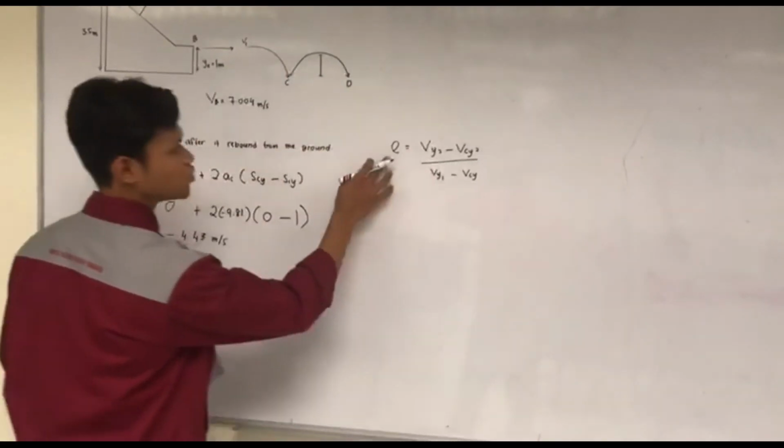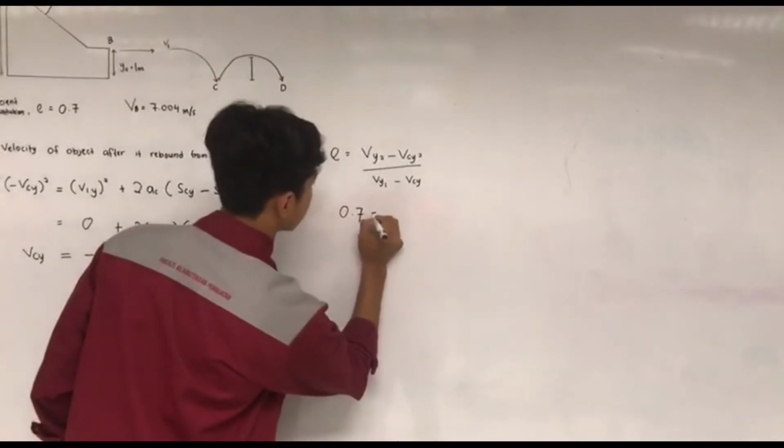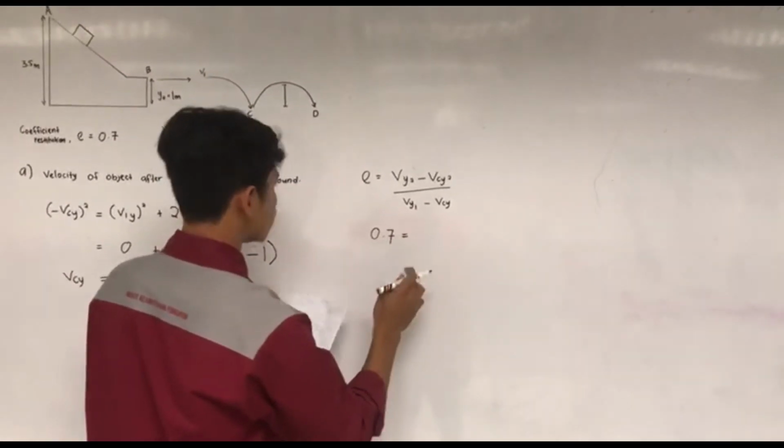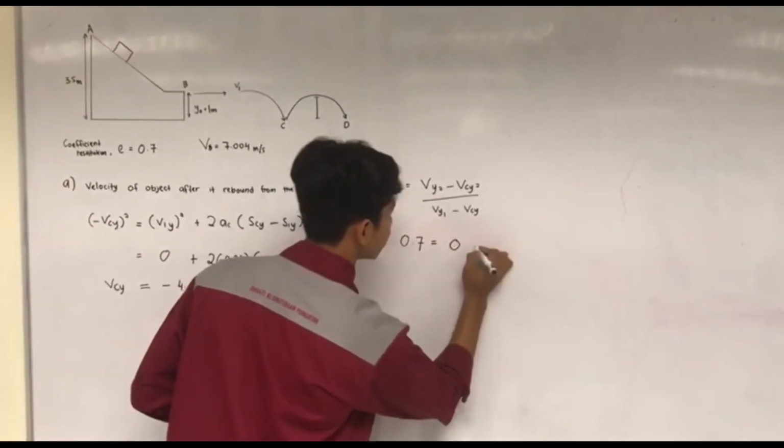So we have the coefficient of restitution 0.7, and the velocity on the y-axis is 0 and minus 2.